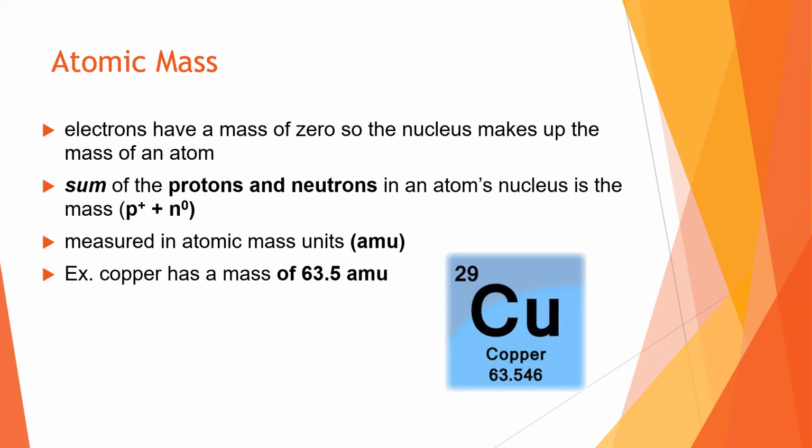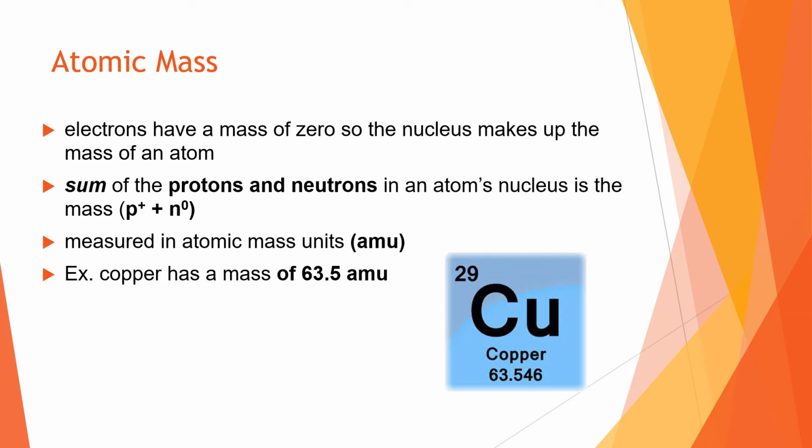Atomic mass. Electrons have a mass of 0, so we saw that in our table. Electrons are 0 AMUs. They're not making up the mass of the atom. So the nucleus makes up the mass of an atom. The sum of the protons and neutrons in an atom's nucleus is the mass. So if you're asked to determine the atomic mass of an element, well, the mass is made up by the protons and neutrons in the nucleus.